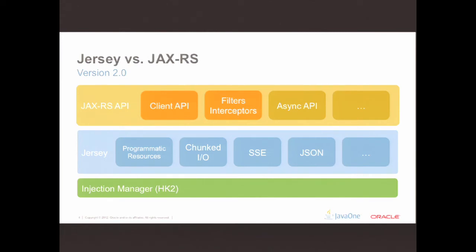So it's the same injection manager that Glassfish is using, and we are basically now deferring to that injection manager instead of having our own proprietary Jersey injection manager. So also the layering changed.